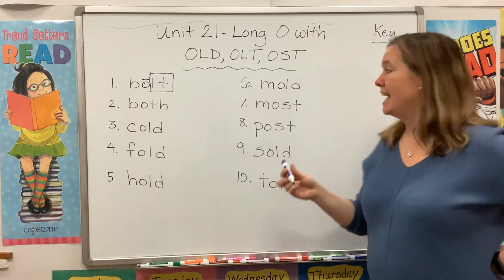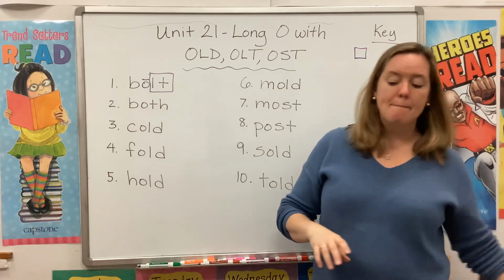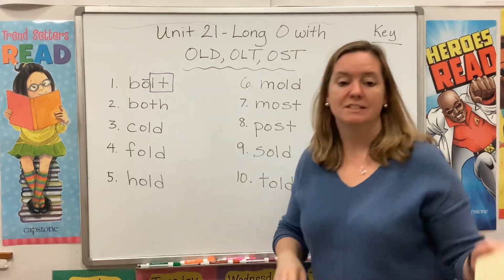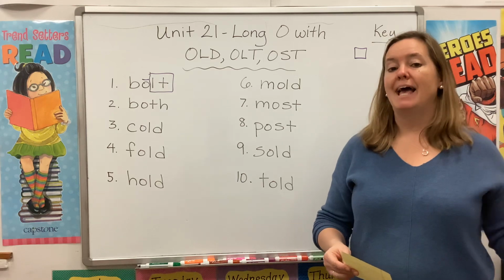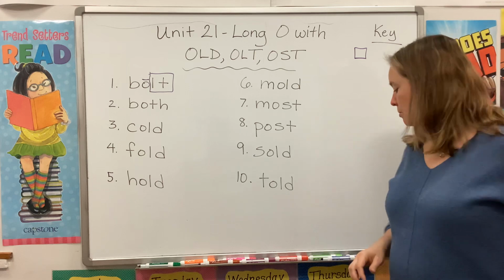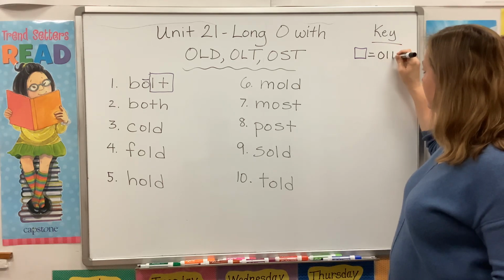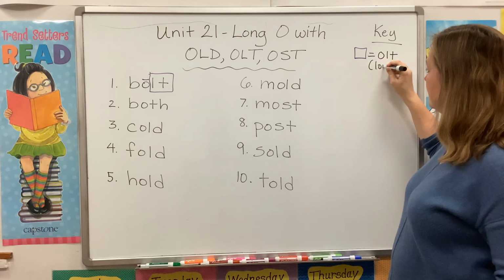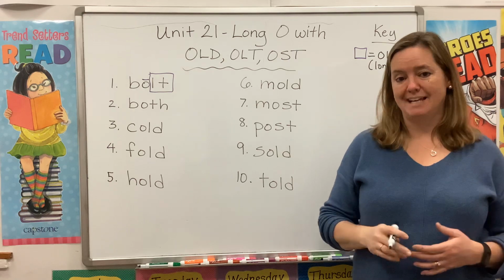I don't see that anywhere else on our list, but we do have other words in our language, words like colt and molt and volt that follow that same pattern. So keep in mind that when you see OLT, it's going to have a long O sound.